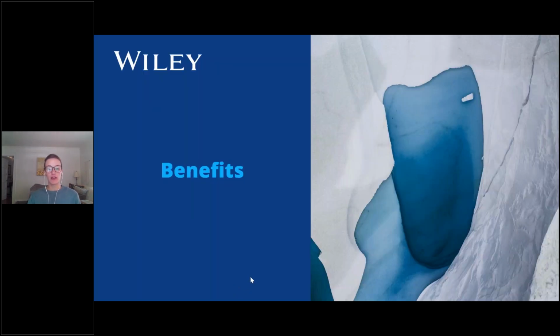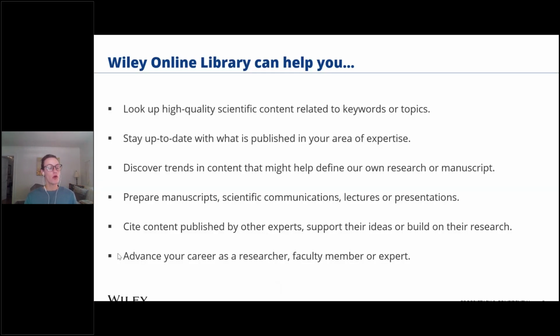Of using Wiley Online Library and how the platform can really help you with your professional goals. So some of these quite intuitive, can help you look up high quality scientific content related to keywords or topics. So of course we live in this age of the internet.